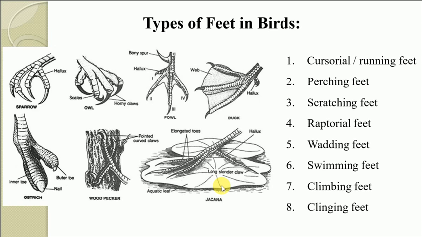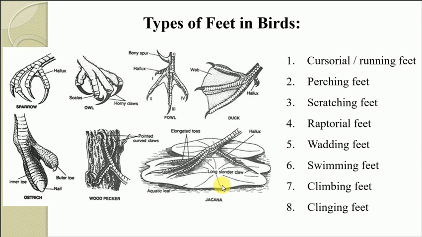Then scratching feet is a characteristic feature of birds like a hen, useful for scratching the earth. Then raptorial feet. The raptorial feet are the peculiarity of carnivorous birds like vultures, useful for grasping their prey with great speed.